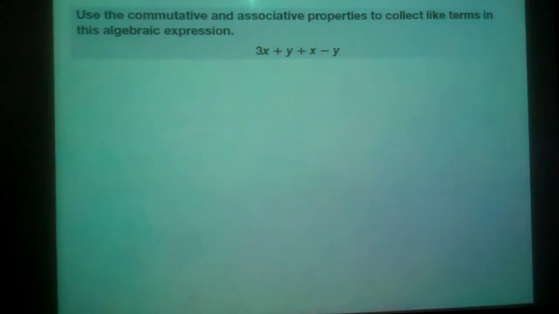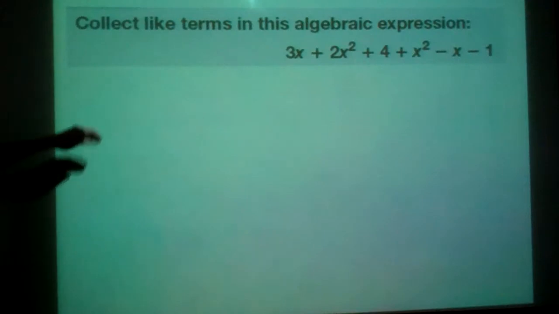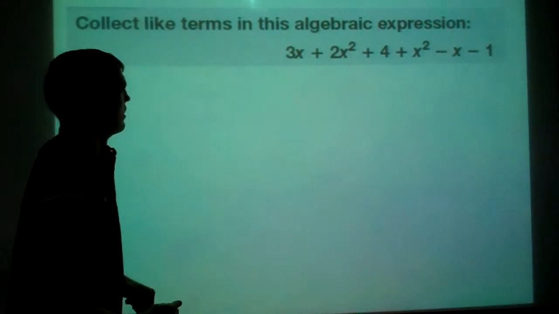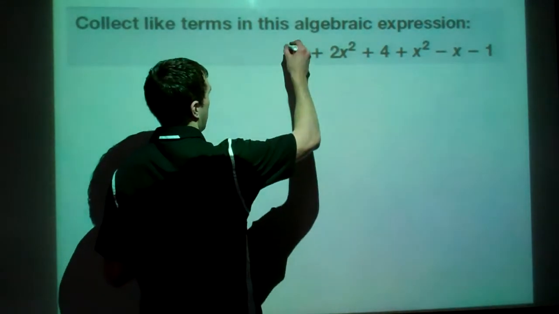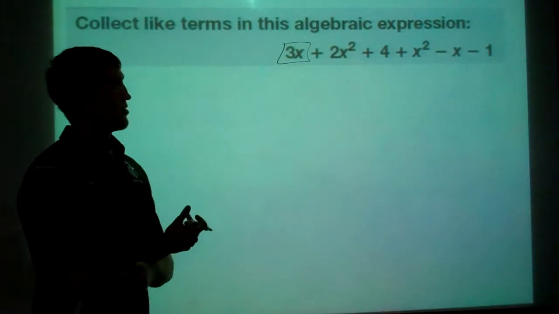Let's take a look at the next one. Collect the like terms in this algebraic expression. Once again, we can't solve for anything. It's not set equal to anything. But notice it doesn't tell us to solve for anything either. So first of all, let's take a look at 3x. Remember, they have to have identical variable parts.